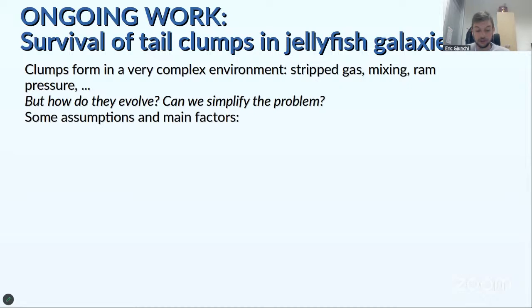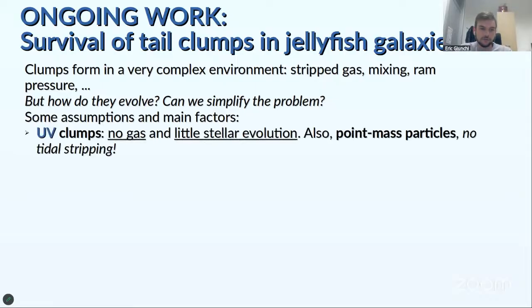And on the other hand, if we want to recover these statistics, so study multiple galaxies of different mass, etc., we need to simplify the problem in another way. So, for example, we can think of the clumps when they have already formed.